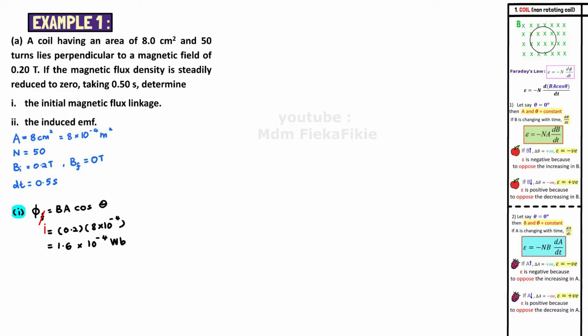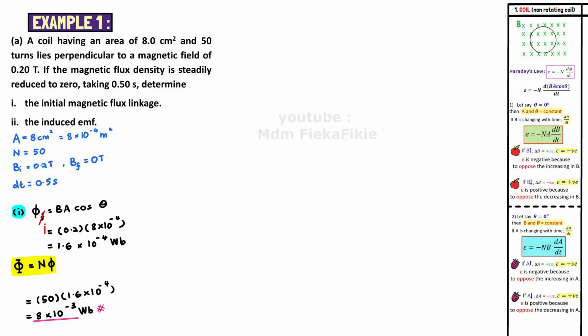So press the calculator carefully. You will get initial magnetic flux equal to 1.6 times 10 power of negative 4 Weber. Alright, but the question does not ask for magnetic flux, it asks for initial magnetic flux linkage. So you need to multiply by capital N, the number of turns. And finally, the answer for question A1 is equal to 8 times 10 power of negative 3 Weber.